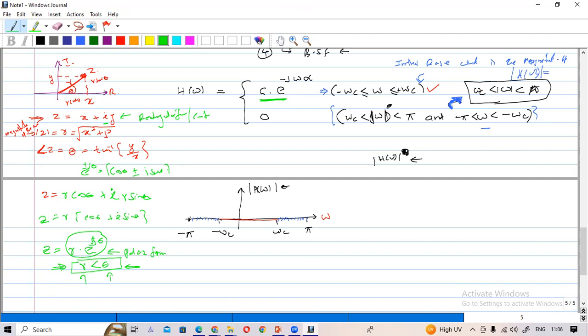Just compare with this one. This is a complex number r e to the j theta. What is the magnitude of this? r is the magnitude. Then what is the magnitude of this one? What is the magnitude?